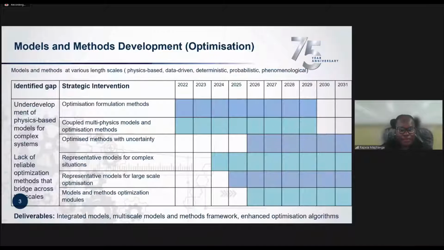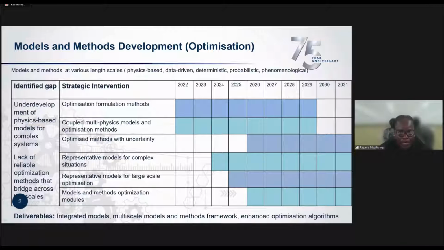Then the first one is about the development of models and simulation methods. What happened is that different types of models can be developed for different applications. And I guess that's what the community has been doing over the years. It is common knowledge that this area has been fully exploited, and there are successful stories out of this.